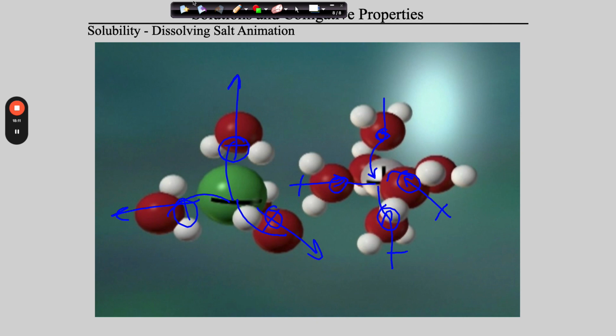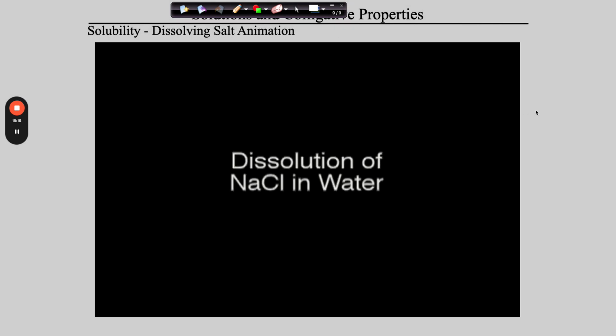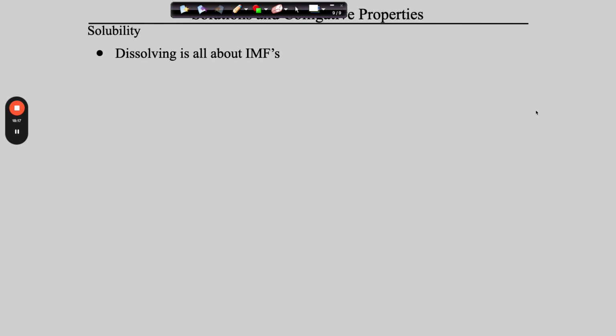Now guys, this brings us to an interesting point, and definitely something you're going to want to include in your notes. So guys, when things dissolve, what you want to write down is a heading of solubility. You see it there at the top. But it goes like this.